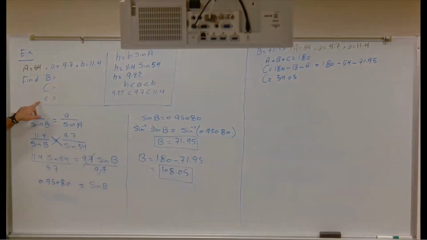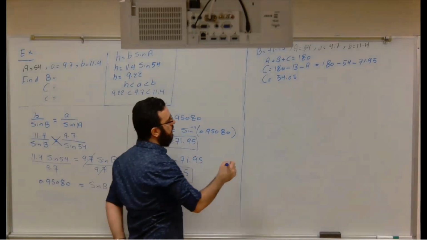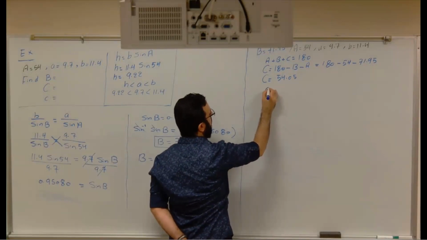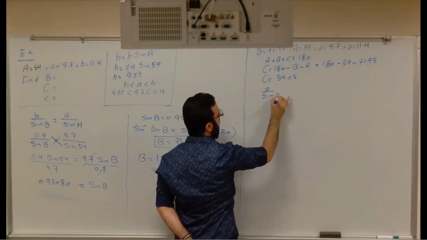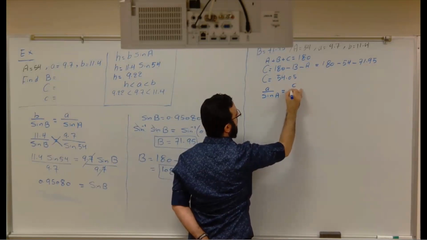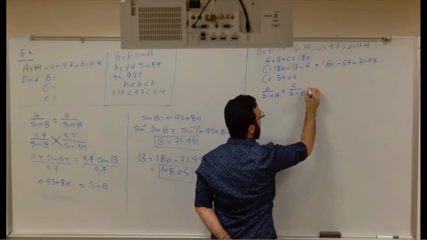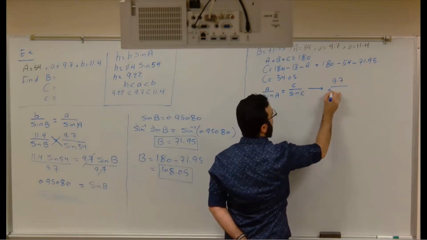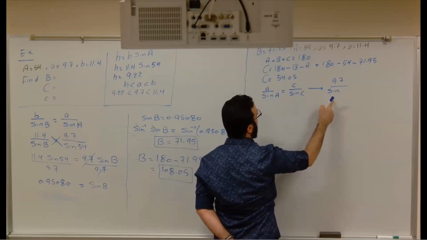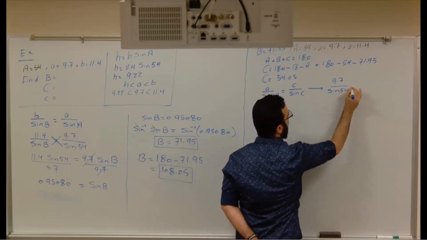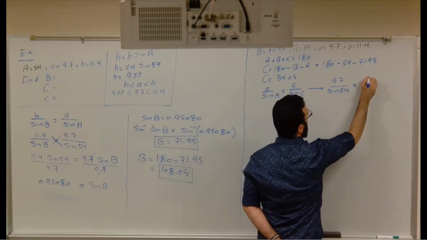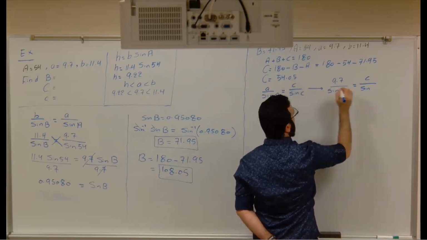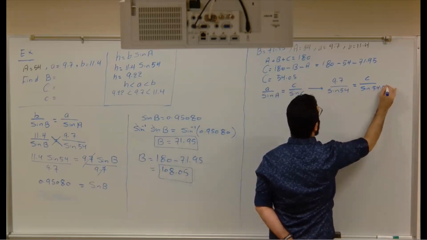Now I have the angle C. I need to find the side C. I'm gonna go back and use the rule of sine. I'm gonna use the A. So A over sine A equals C over sine C. A is 9.7 over sine 54 equals C, that's what I need to find. The angle C is 54.05.